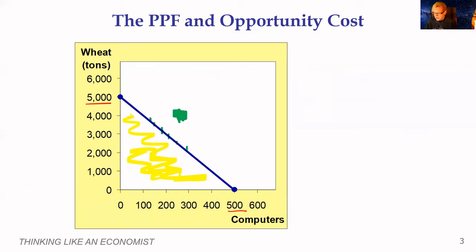Now, there's one other thing I'd like to point out to you and kind of jog your memory, and that's the properties of a straight line in terms of mathematical principles. One of the properties of a straight line is that the slope is constant.